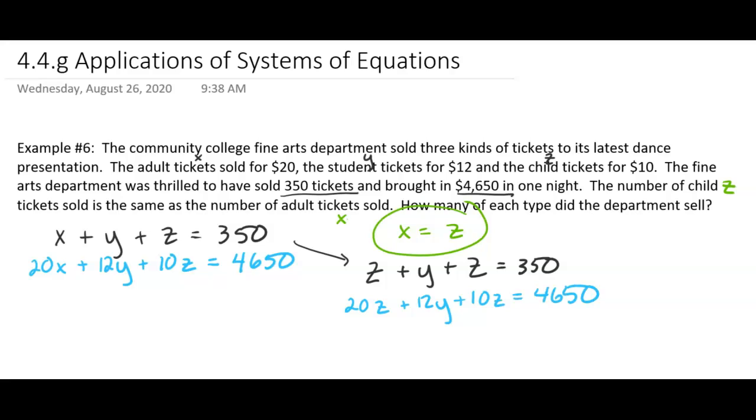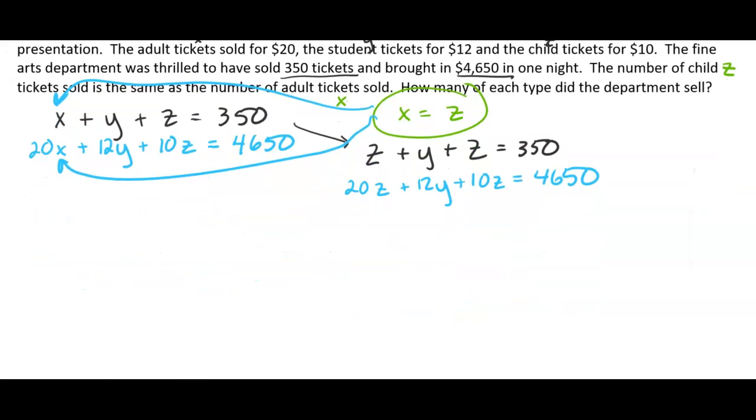So I'm replacing that X with Z. And you might say, well, why didn't you replace the Z with the X? I could have, maybe I should have, but I had to pick one way to go. Okay, so now we can combine in the top, that black equation, so I have Y plus 2Z equals 350.